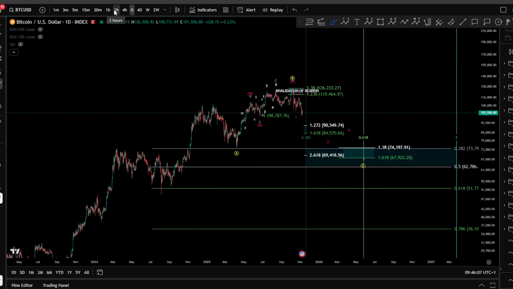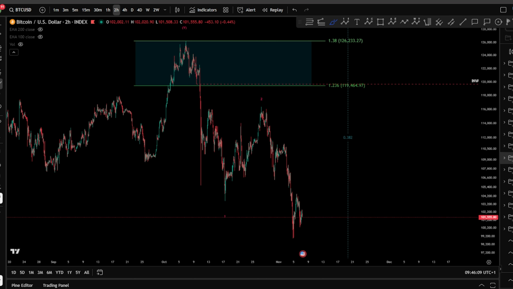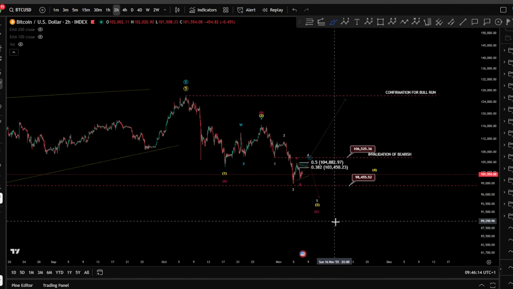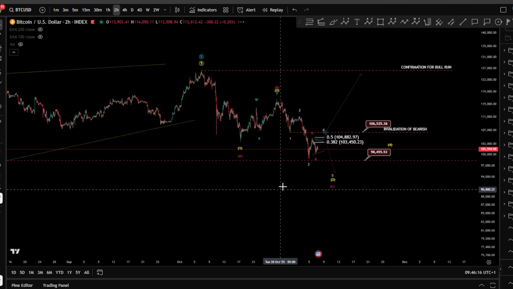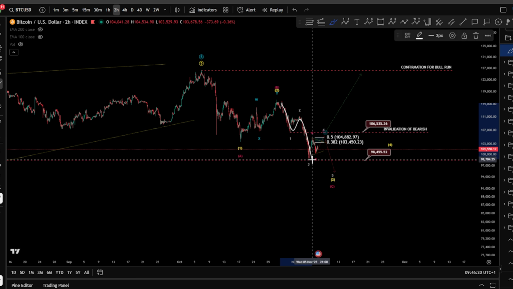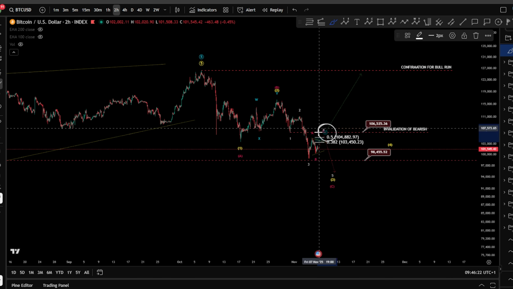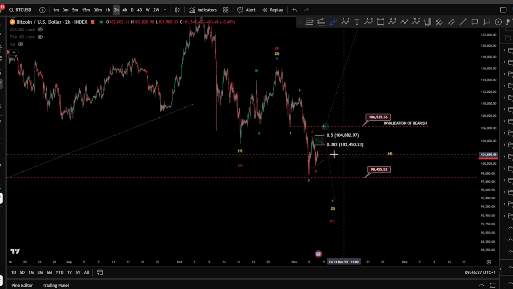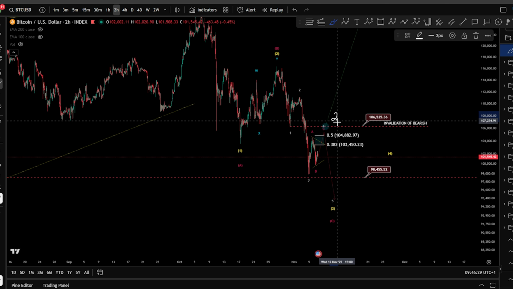Now, if we move a little bit to the 2 hour chart here for the micro level, we are looking at the potential of a 1, 2, and then potentially wave 3 still unfolding as a 1, 2, 3, 4 and a 5. Your wave 4 invalidation is not taken yet, 106K 500, and that means you have two possibilities here.